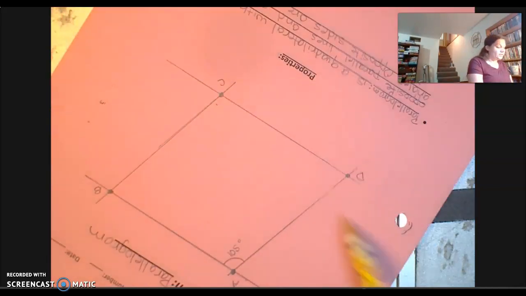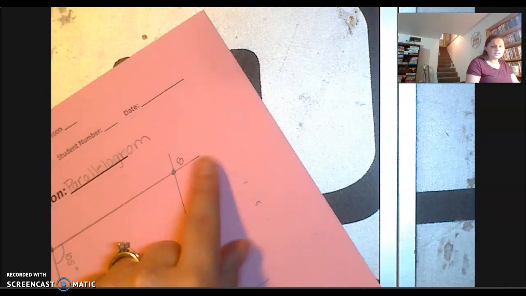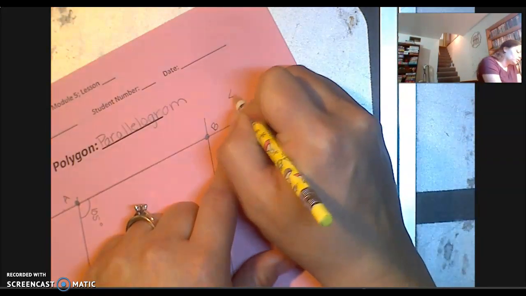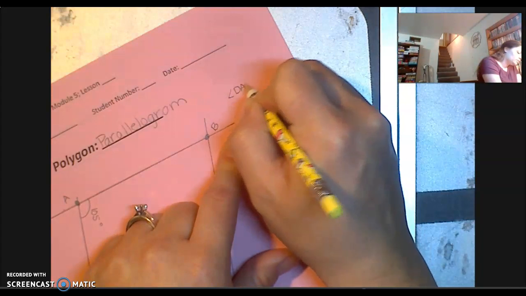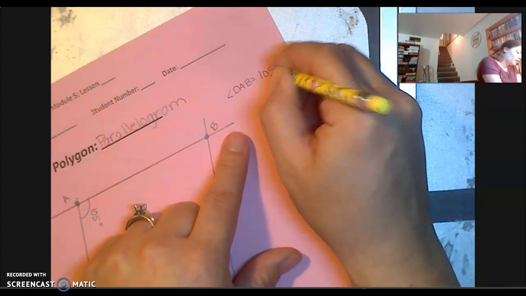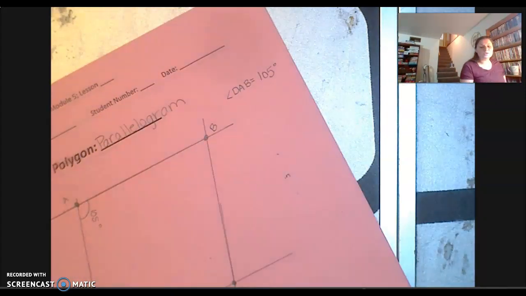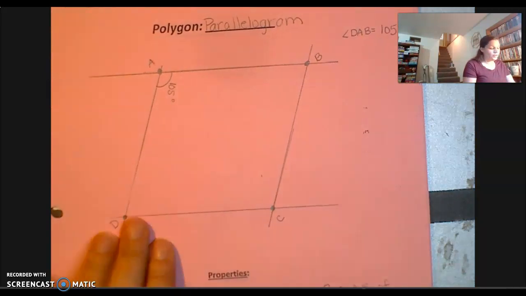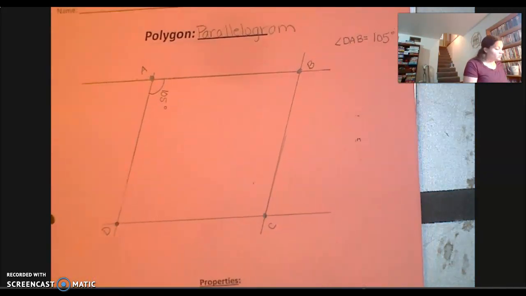And the label for this angle is DAB. Off to the side, just like we did in lesson 16, we're going to write angle DAB equals 105 degrees. And it's important to remember quadrilaterals that the sum of all their angles is equal to 360 degrees.